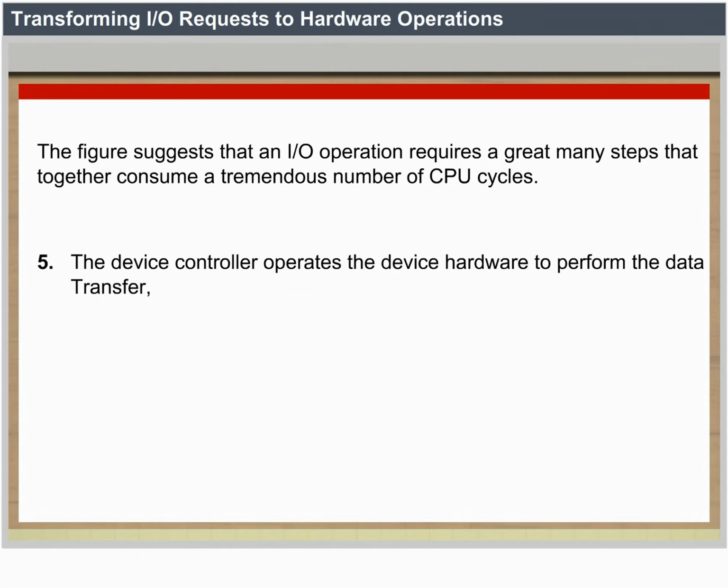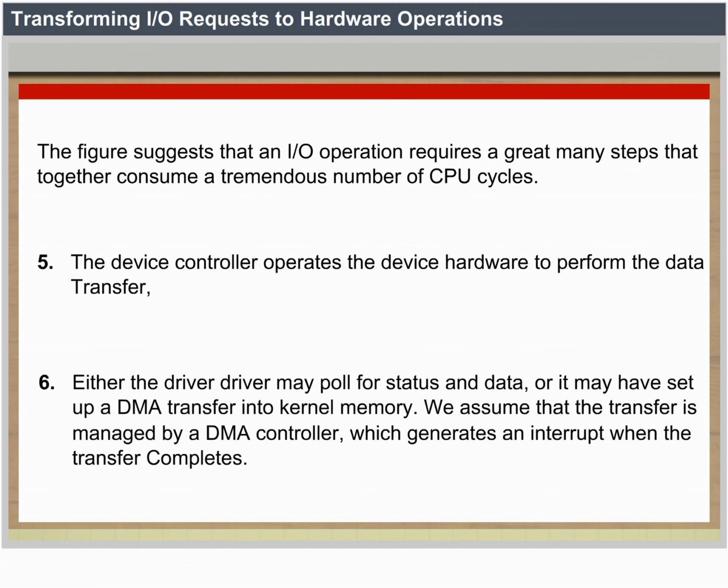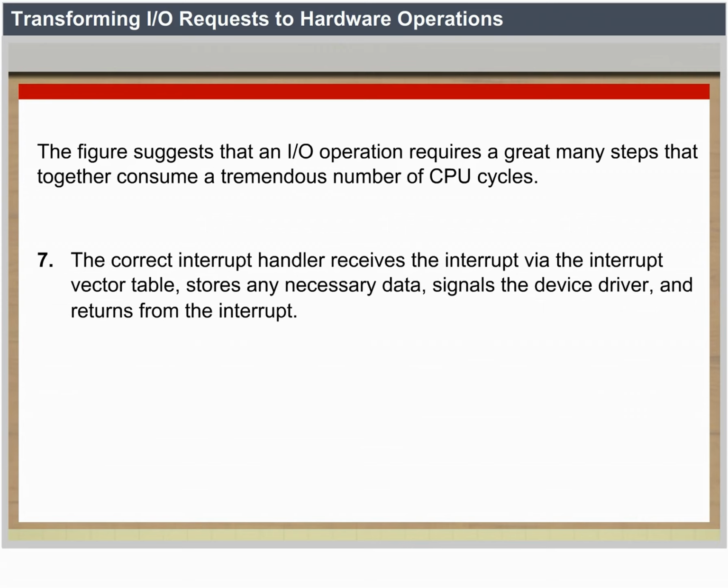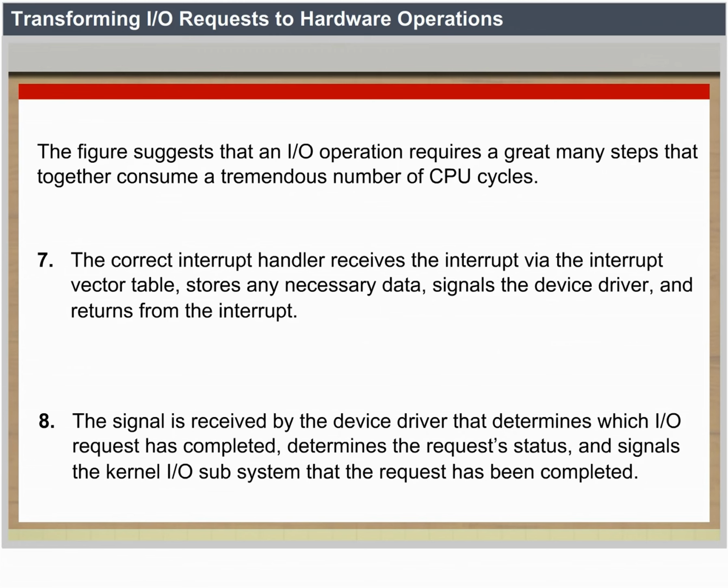We assume that the transfer is managed by a DMA controller, which generates an interrupt when the transfer completes. The correct interrupt handler receives the interrupt via the interrupt vector table, stores any necessary data, signals the device driver, and returns from the interrupt. The device driver receives the signal, determines which input-output request has completed, determines the request's status, and signals the kernel input-output subsystem that the request has been completed.